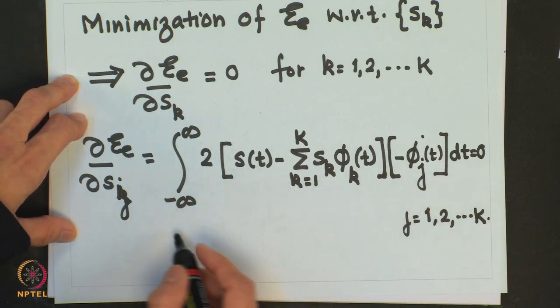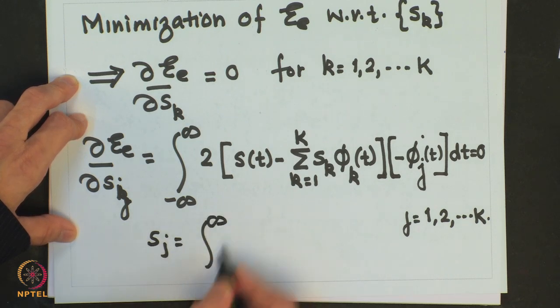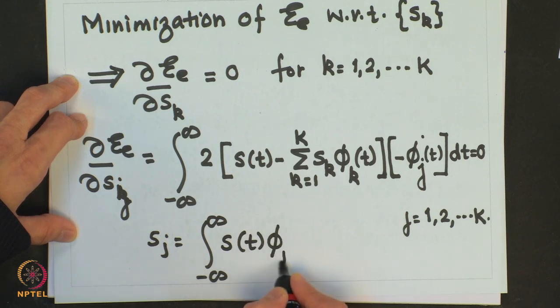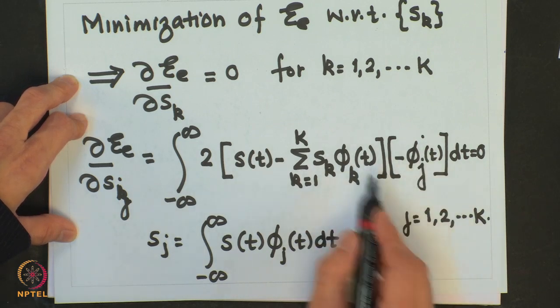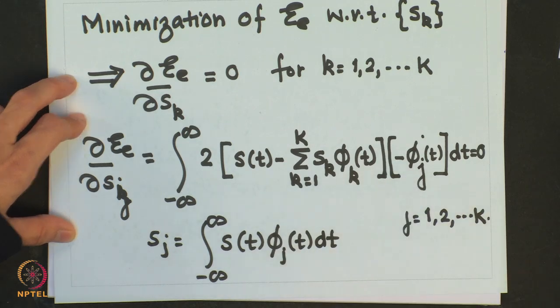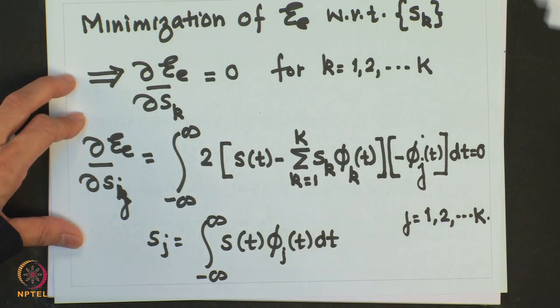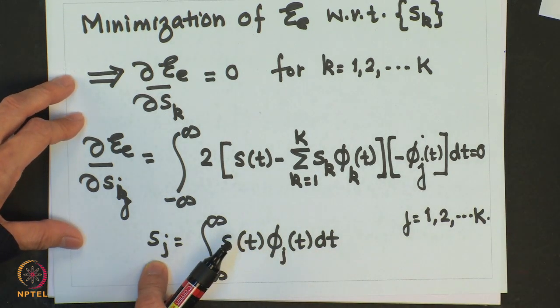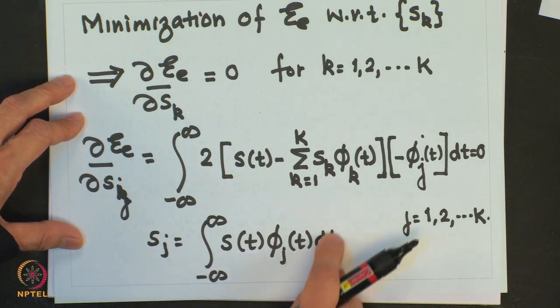What we will get from here is s_j is equal to the integral of s(t) phi_j(t) dt. Remember this phi_n(t) is an orthonormal set. Okay. So, I will get this. Okay. So, what this means basically is that the coefficients are obtained by projecting the signal onto each of the functions phi_j(t).